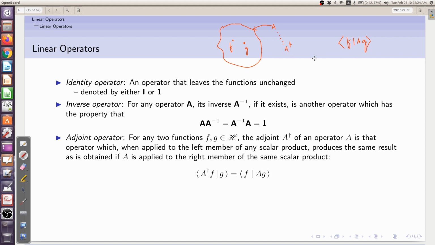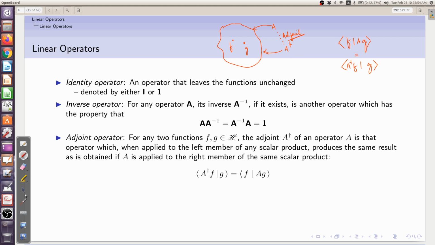The adjoint is such that for the same pair of vectors, if I apply A dagger on f and the result happens to be the same, then we say that A and A dagger are adjoints of each other.